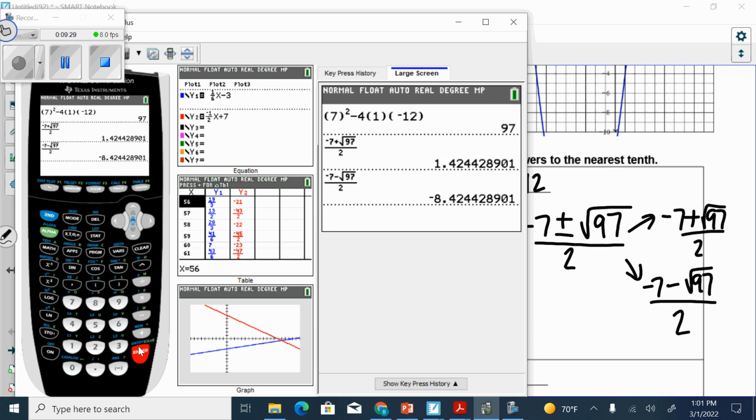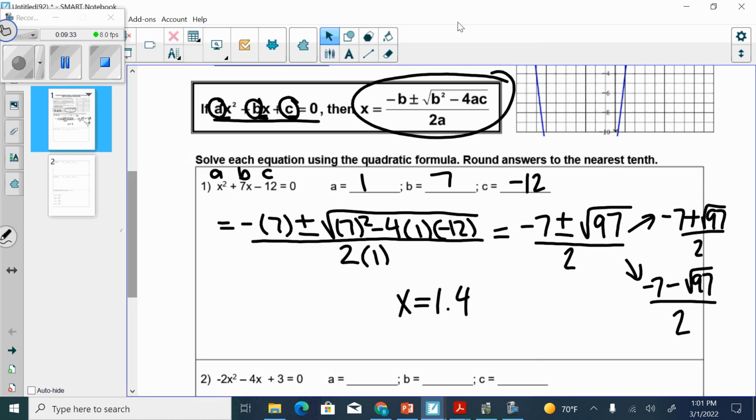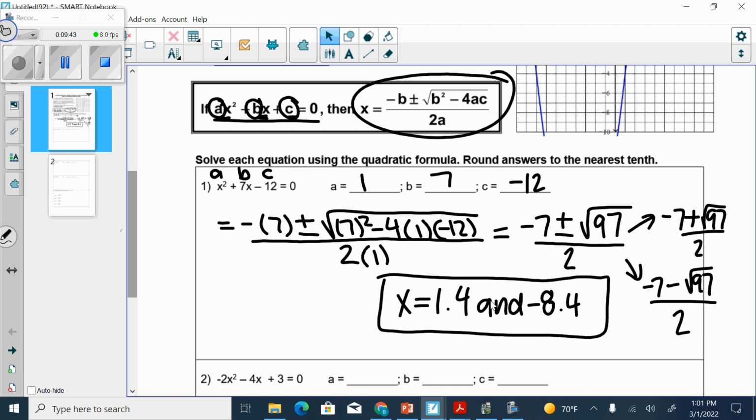Just go one decimal place. Okay. So, and negative 8.4. So these are my 2 solutions. Okay? Well, it wouldn't normally take 10 minutes, but I had to do a lot of explaining.